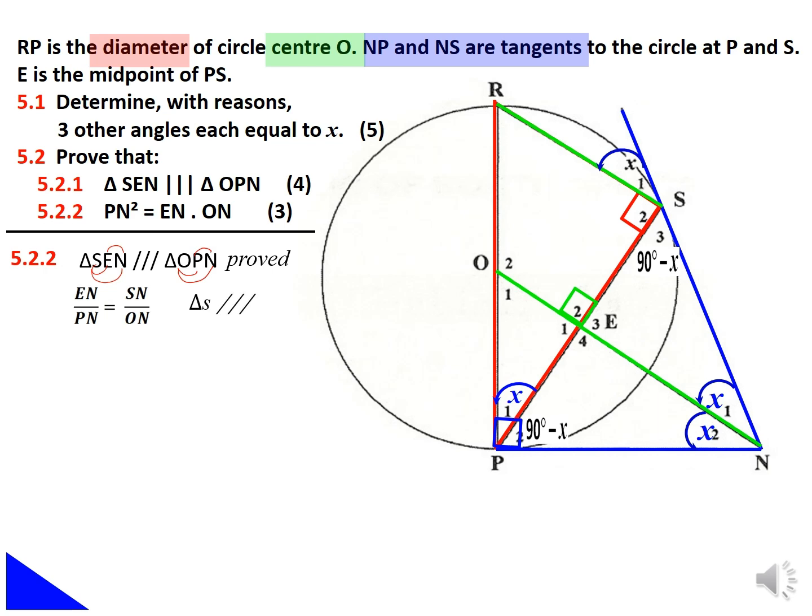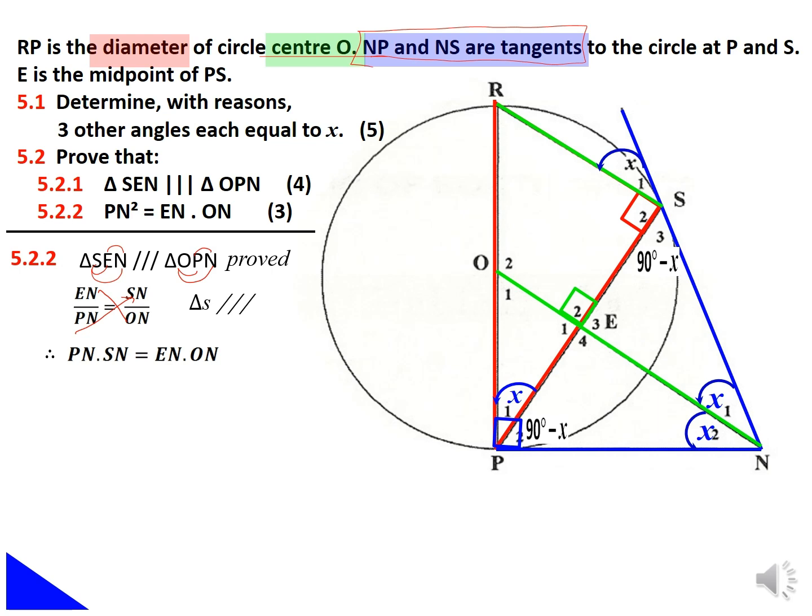Then from there, we cross multiply this expression. If we multiply EN by ON and we multiply PN by SN, we produce PN times SN is equal to EN multiplied by ON. Now, let's notice from the given information that we have two tangents. We highlighted this in the beginning, where it says NS and NP are tangents.